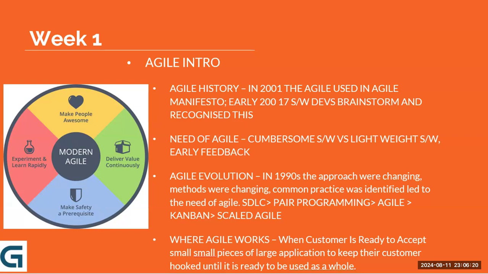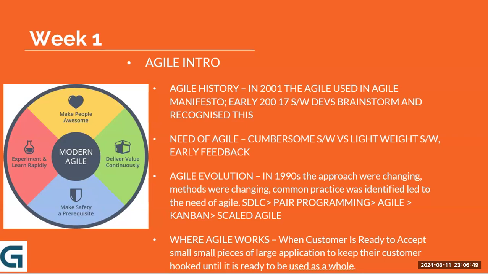So all that work culture resulted in a need for something different, something fast, something of quicker delivery. That's why these developers sat together, utilized all their knowledge and came up with this strategy or methodology.